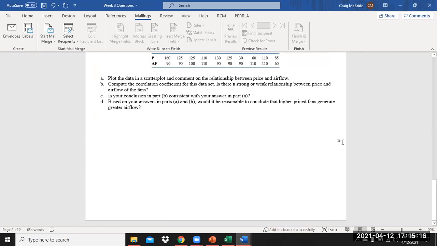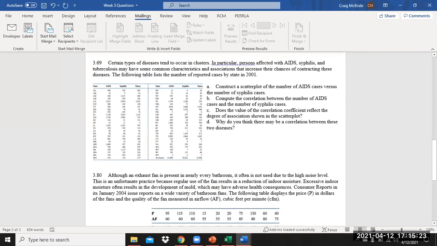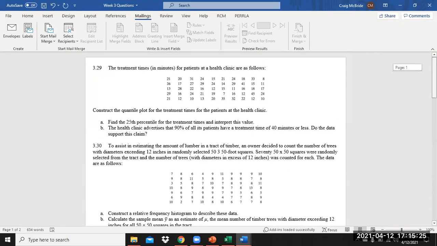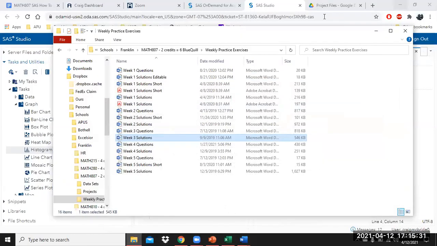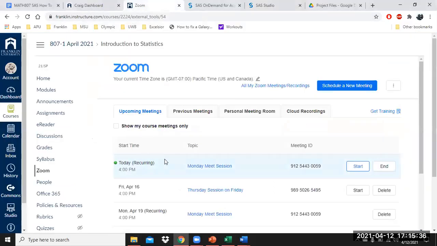I will try and have this link up quickly, but being the laptop and all that. What I did this time is I asked it to save it to the web. So a link to this recording should show up in our Zoom link in our classroom. If you go to the Zoom link in our classroom and then go to cloud recordings, it should show up within an hour or two.